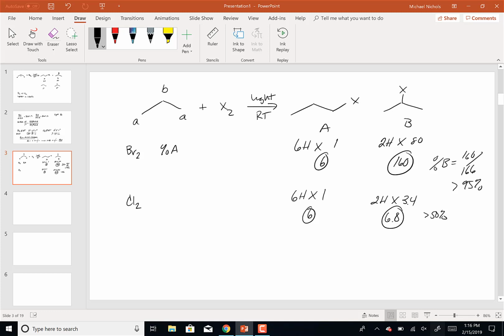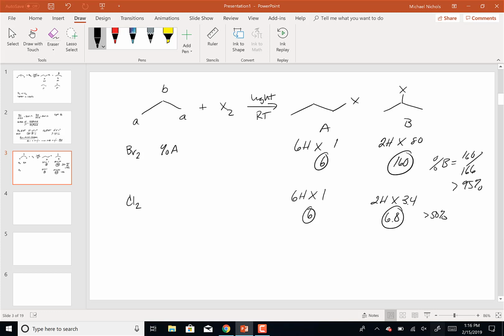So in terms of which reaction is more selective, the bromination is more selective because you have a greater percentage of one product over another. The chlorination is less selective. And what drives those two reactions is the formation of the radical.